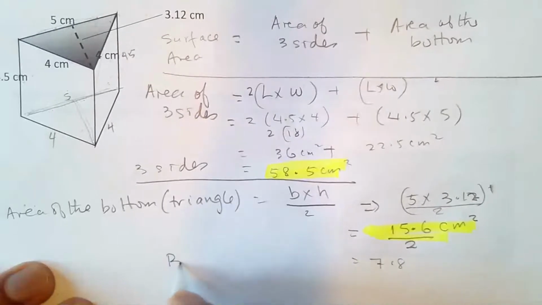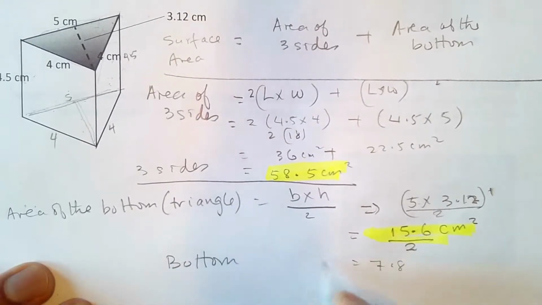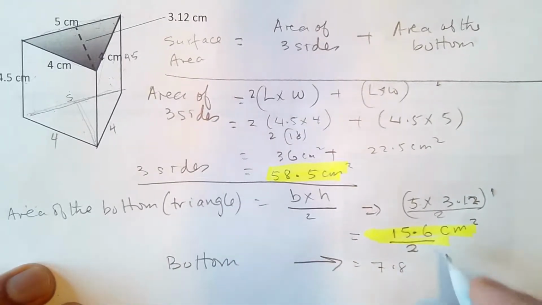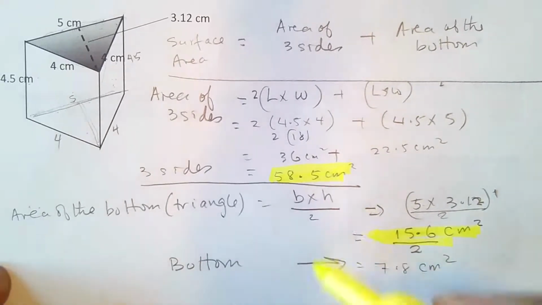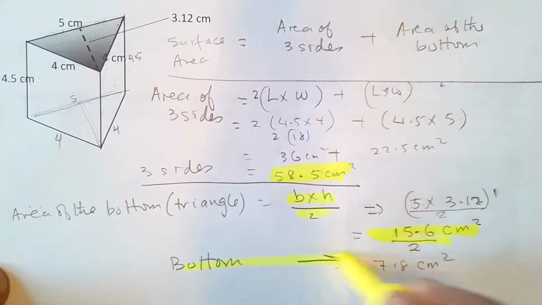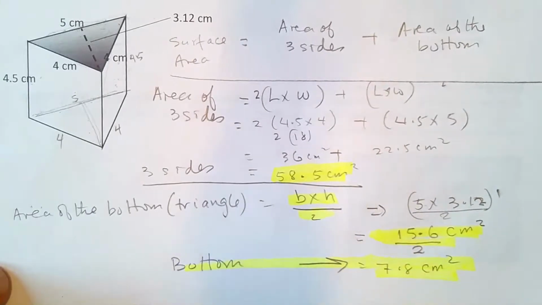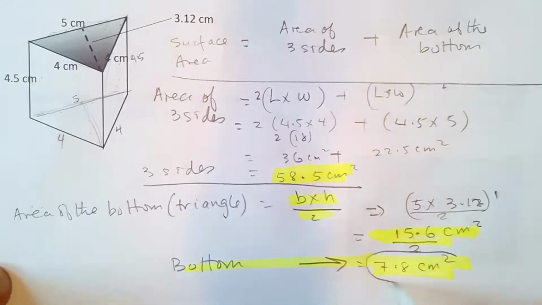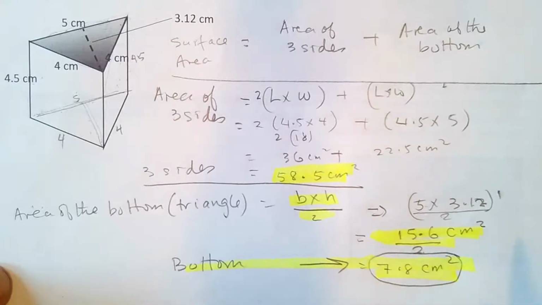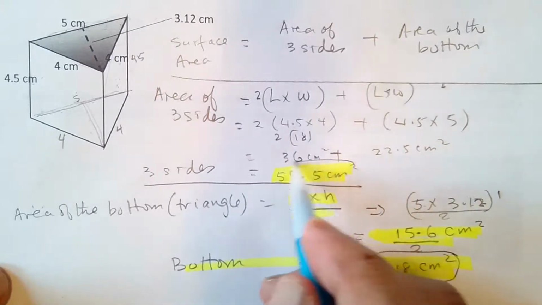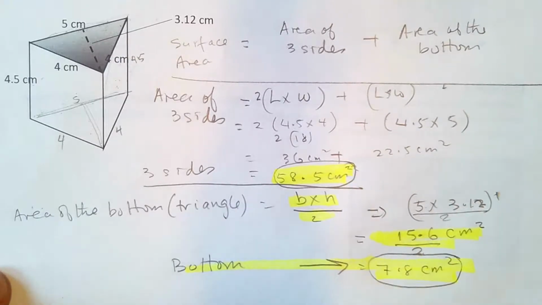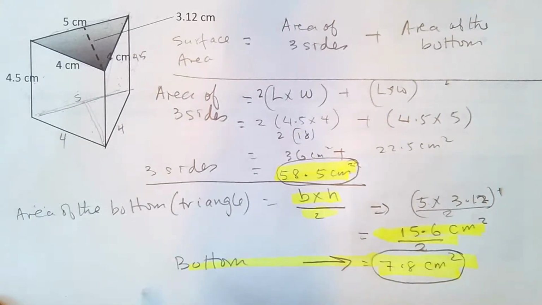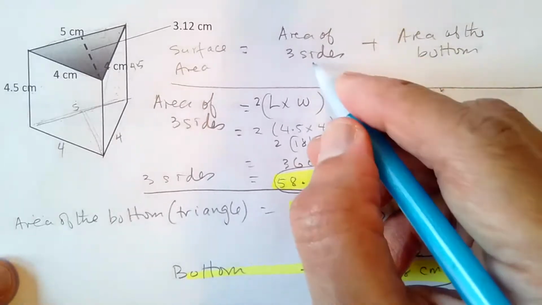So the bottom is really 7.8 centimeters squared. So now this is our final answer. Sorry about that mistake, I just overlooked the division. So these are my 2 areas, and I combine them.